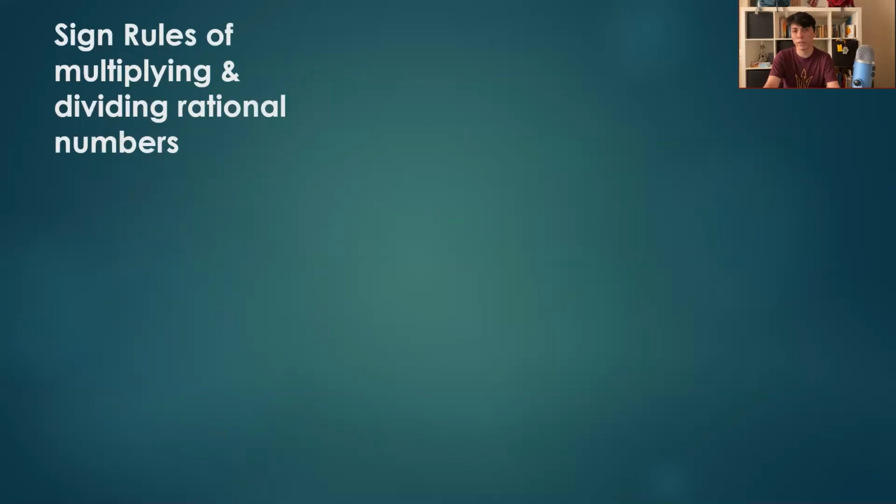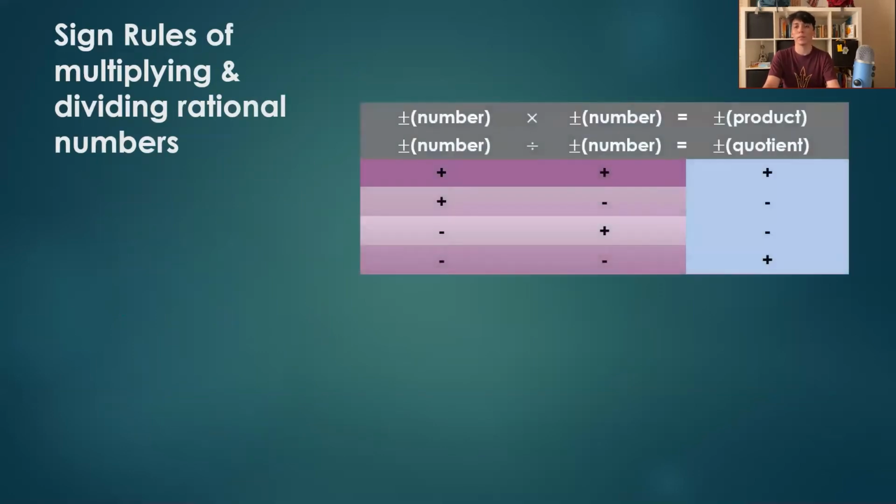It's just the operation that's different. So again, when we have matching factors with matching signs, we get a positive answer. But if we have mismatching factors, then we get a negative answer.